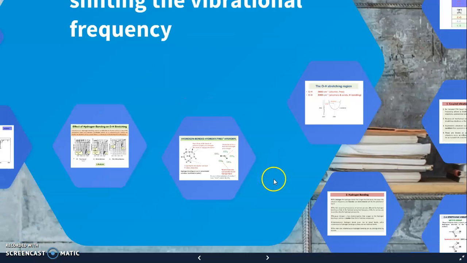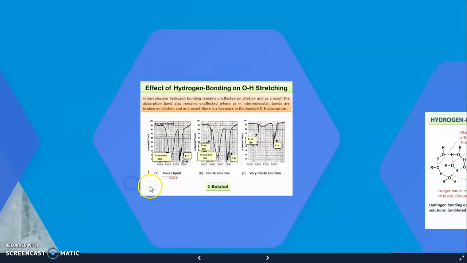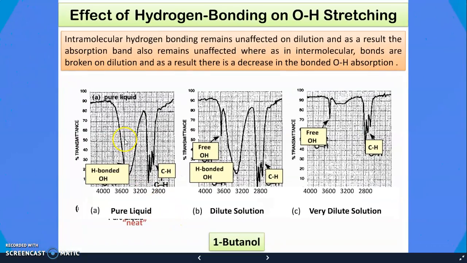Now we can see this with the help of an example. You can see that intramolecular hydrogen bonding remains unaffected on dilution, and as a result the absorption band also remains unaffected. Whereas intermolecular bonds are broken in dilute solution, and as a result there is a decrease in the bonded OH band.